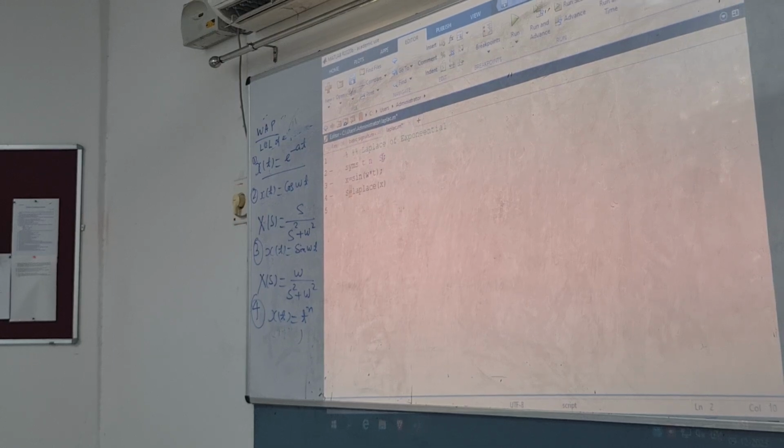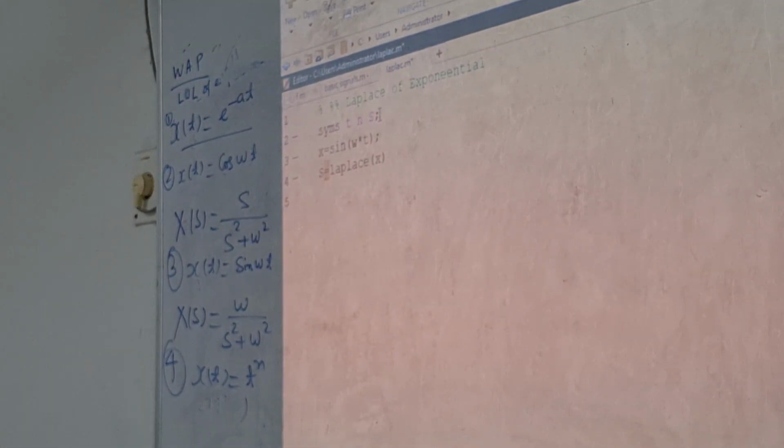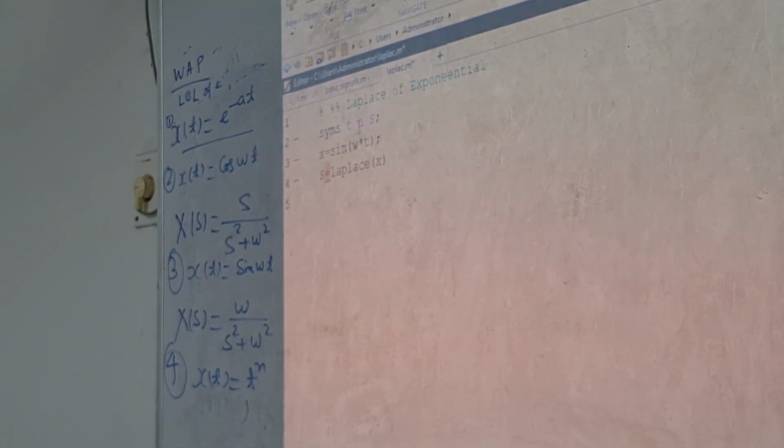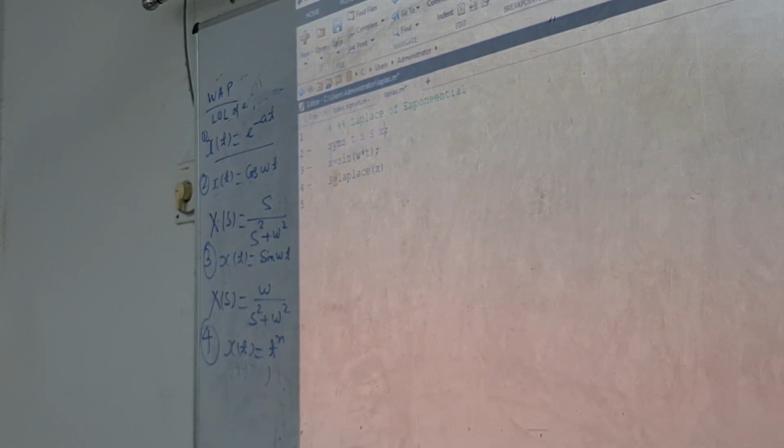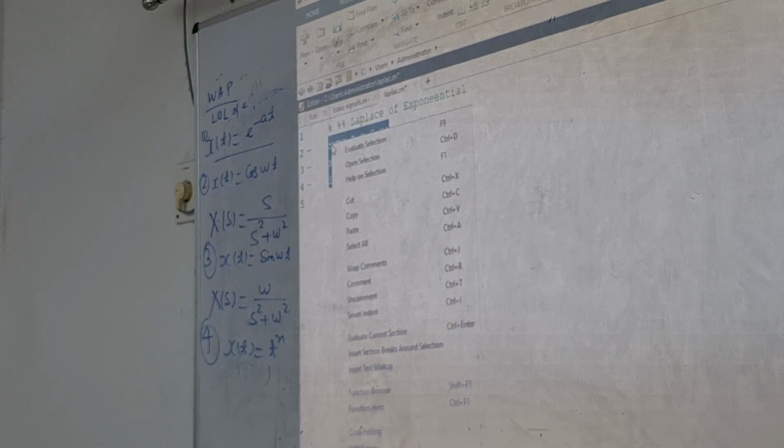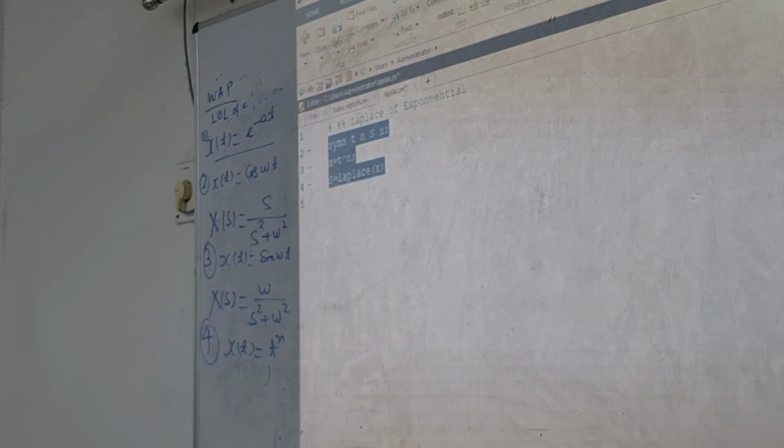s is also defined, and then you have defined the x, and x is equal to xt, capital T power n, capital N. Power can be defined by capital N, and then this is the Laplace transform of t power n.